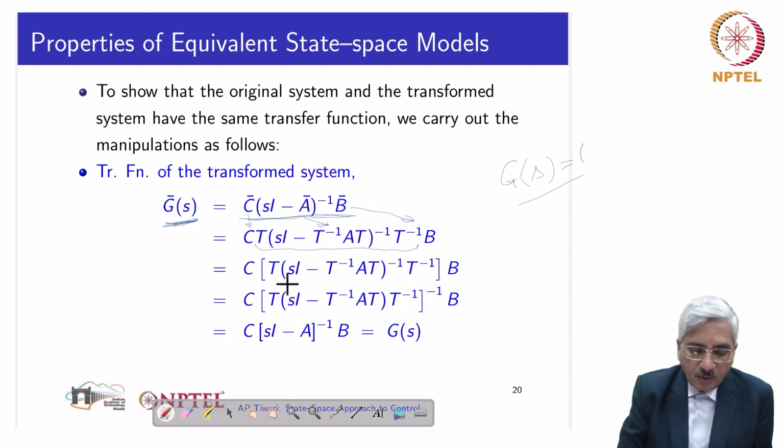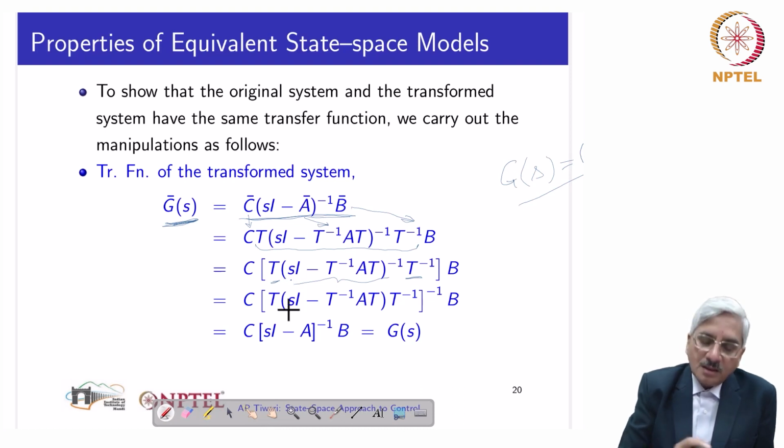We note that this is a product of three matrices, and the inverse of a product of matrices can be written by taking the matrices in reverse order, last one first and first one last.